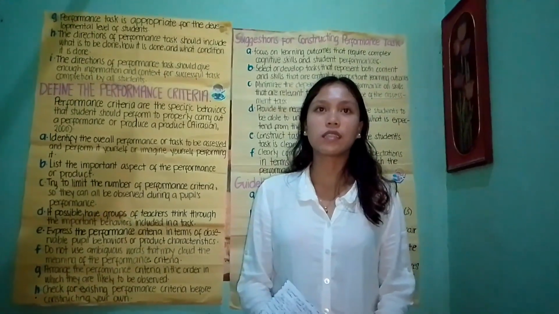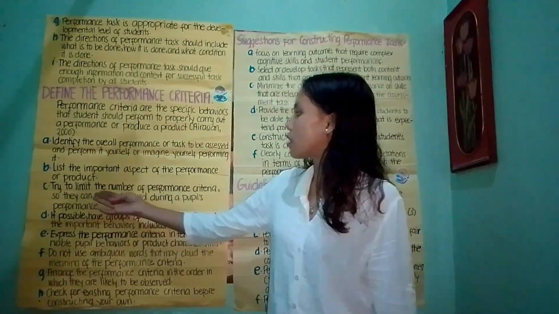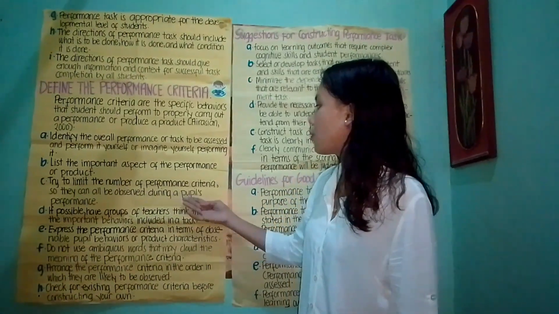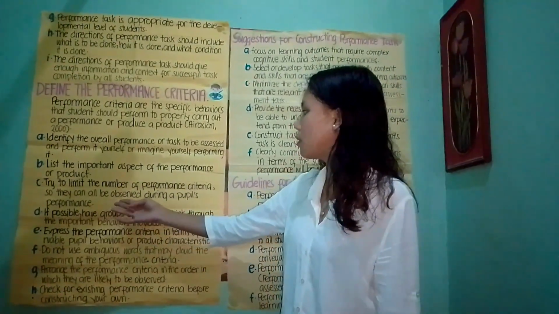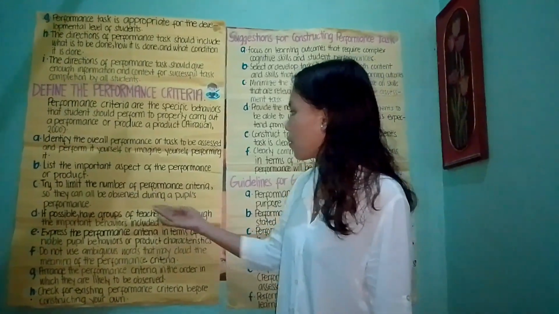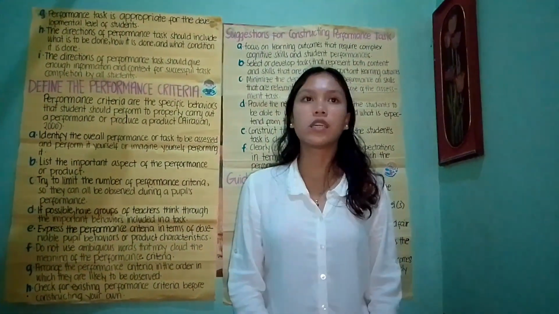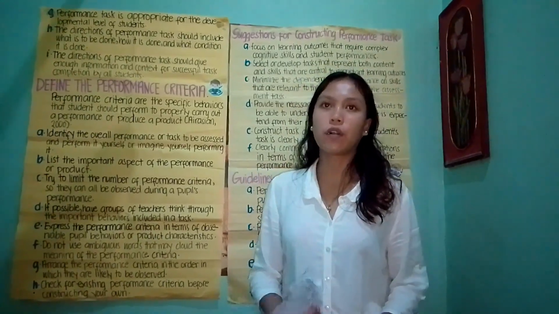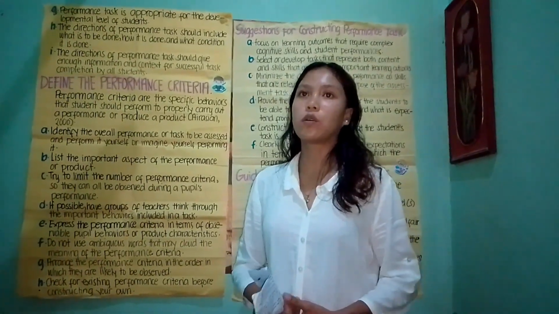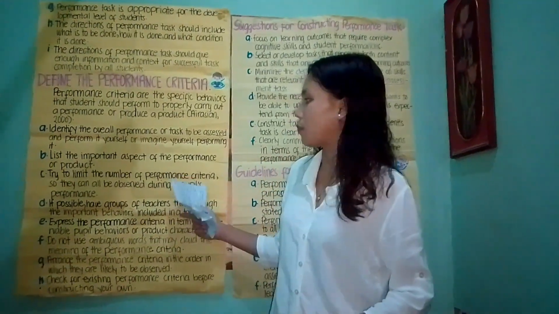Identify the key things that matter most in the task. B is try to limit the number of performance criteria so they can all be observed during pupils' performance. So letter B is keep the criteria simple and manageable so you can observe everything during the student's performance.